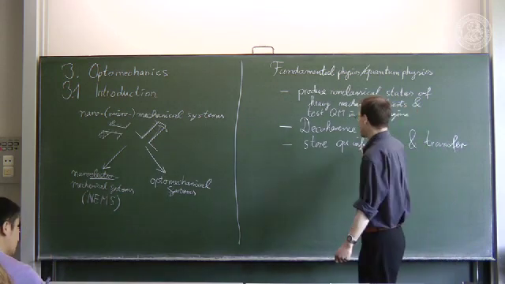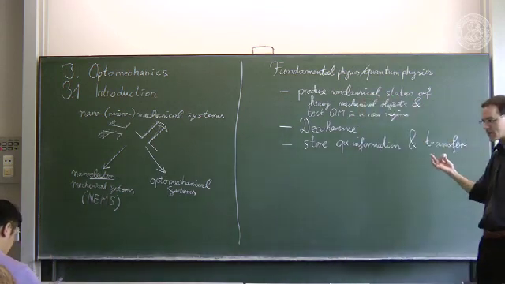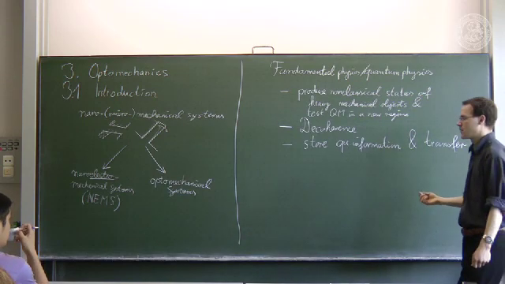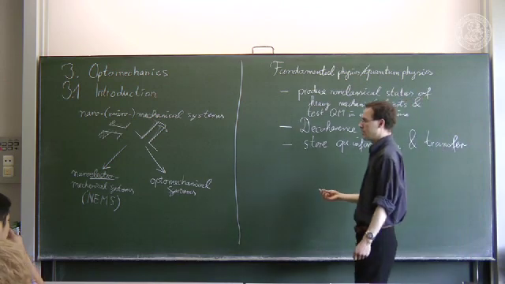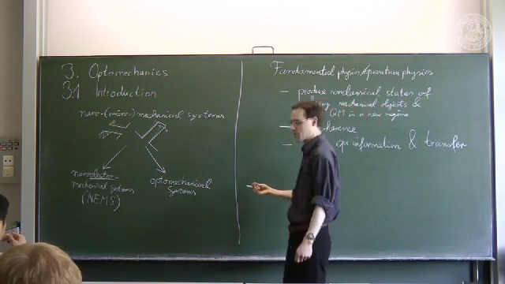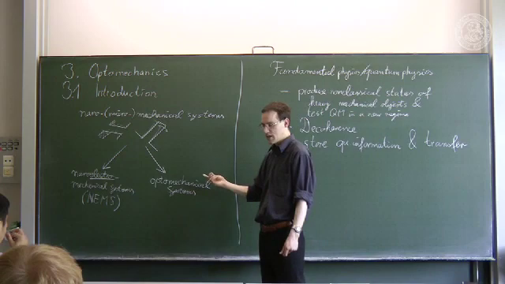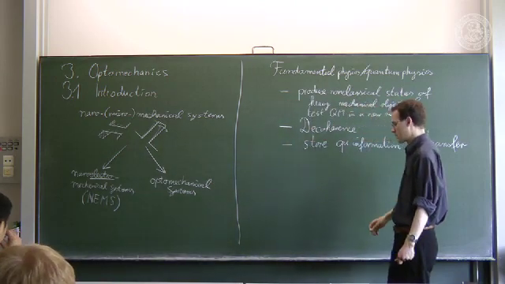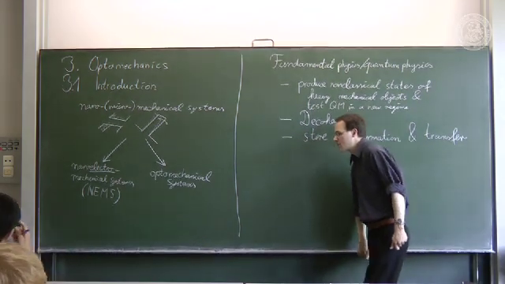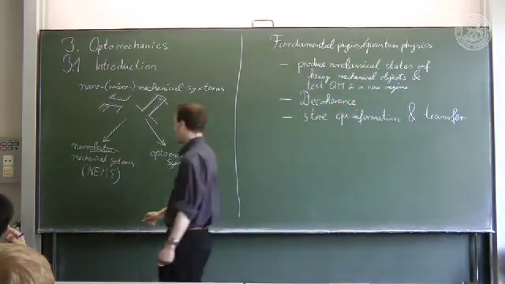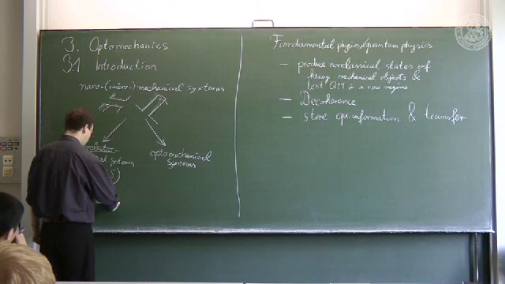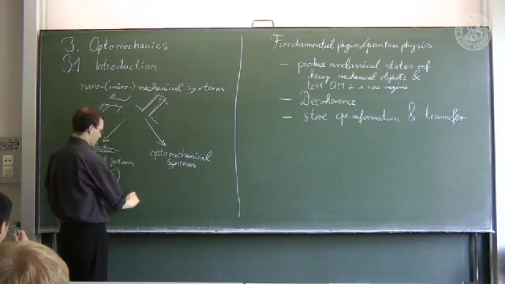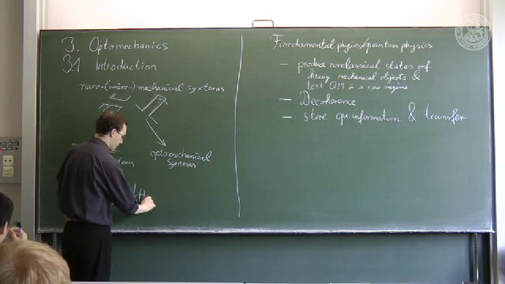Now for all of these things, obviously you need to be able to look at quantum dynamics, and in order to have quantum dynamics, you need to be in or close to the quantum ground state of these objects. And we will discuss the typical scales of these objects and find that this is not so easy. So I should remark that the typical mechanical frequencies for these objects are in the range of, well, kilohertz up to gigahertz.